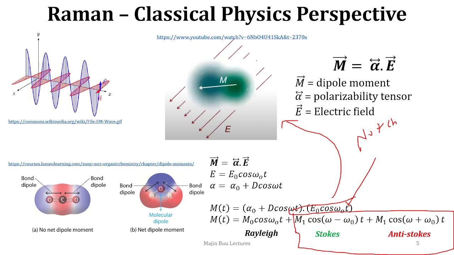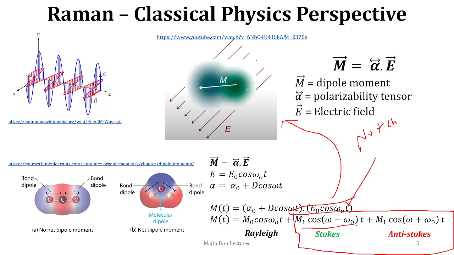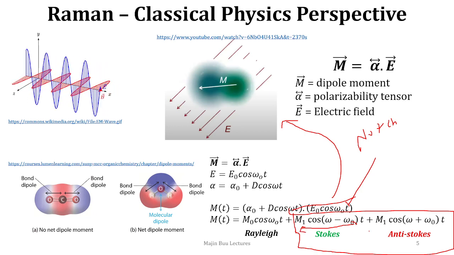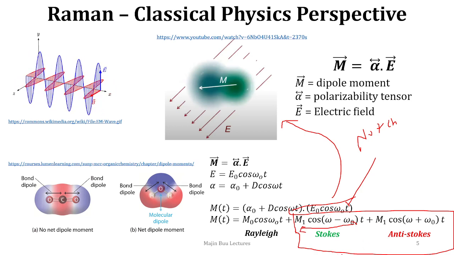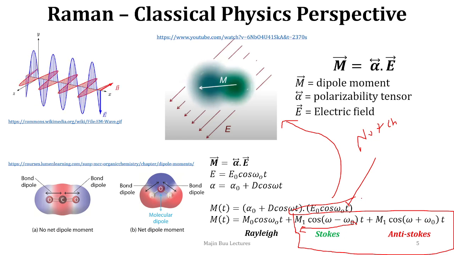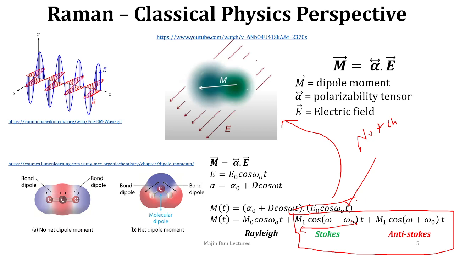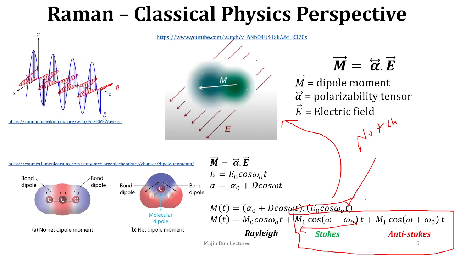Here again, it may be noted that the Stokes component is the one that contributes majorly amongst these two. And in the presentation that we will be discussing, whatever we discuss is with respect to the Stokes and not the anti-Stokes unless otherwise mentioned.